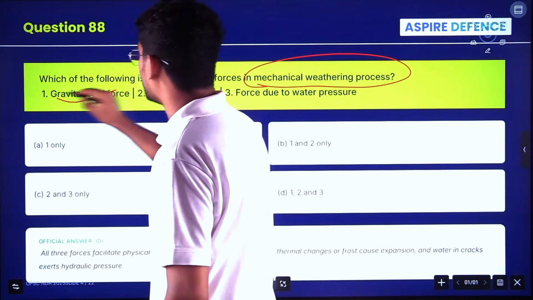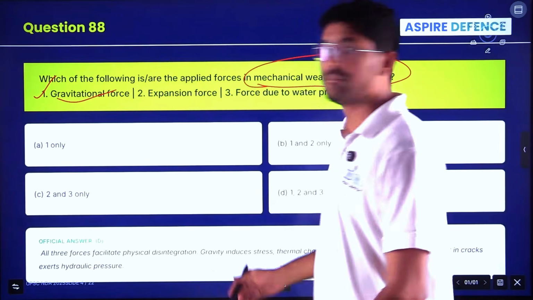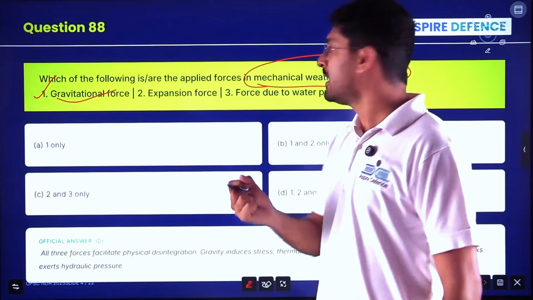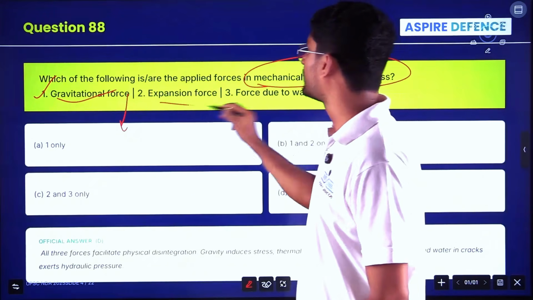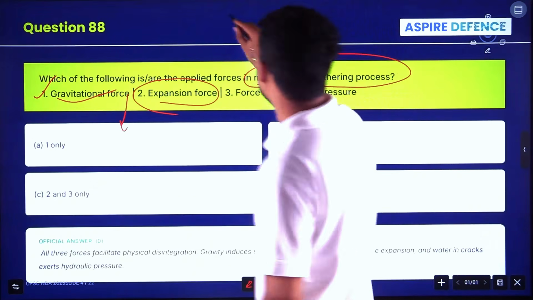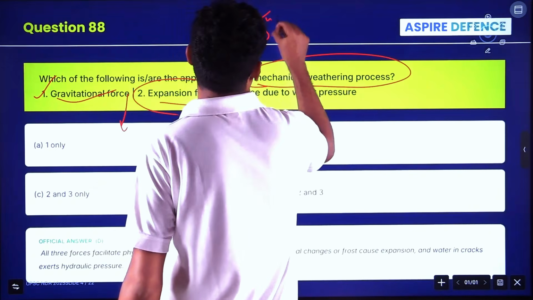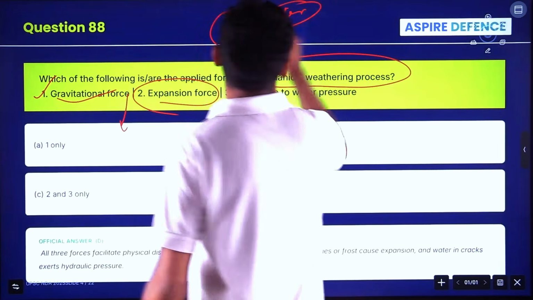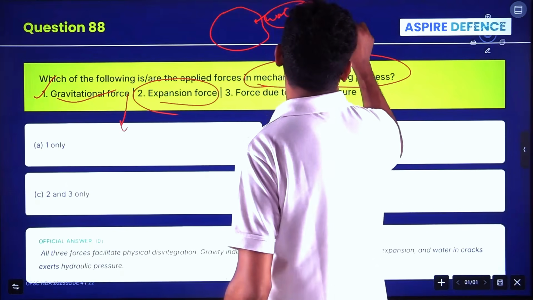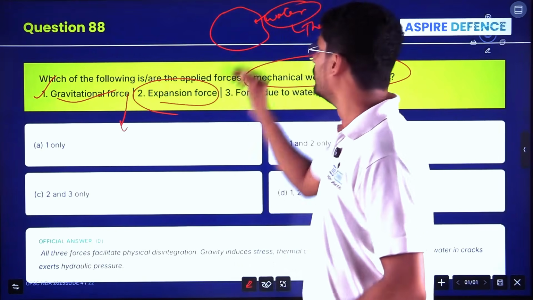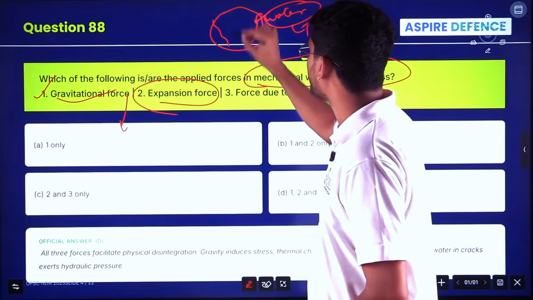Gravitational force, yes, because gravity can pull the stones down and break them away. Expansion force: for example, if water enters a rock, due to anomalous expansion, right, and thermal expansion also. Due to thermal expansion, what happens? Rocks will loosen and form a fissure.